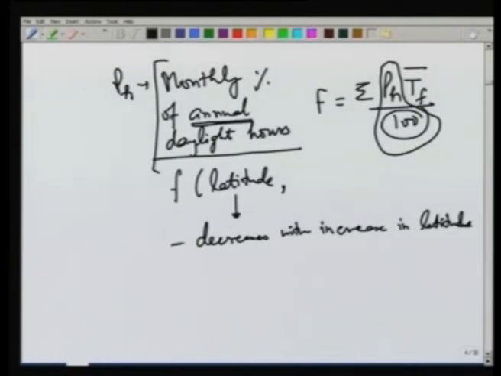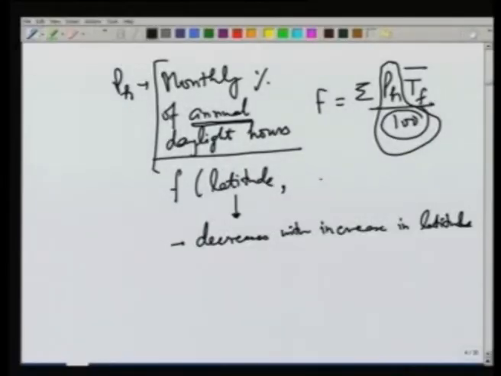Typically at 0 degree we will have a higher value, and at let us say 40 degree north or 50 degree north we will have a lower value, and the range of p_h is about 6 to 10. So, in a particular month it also depends on the month.